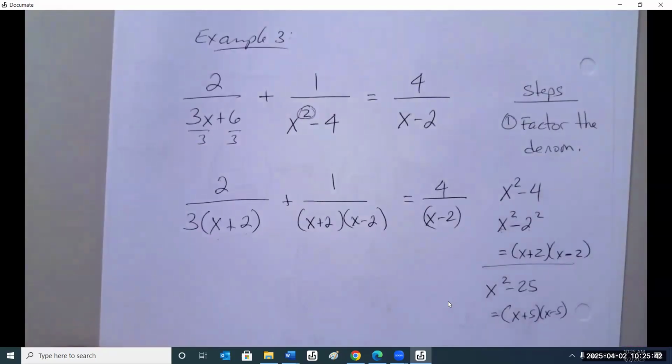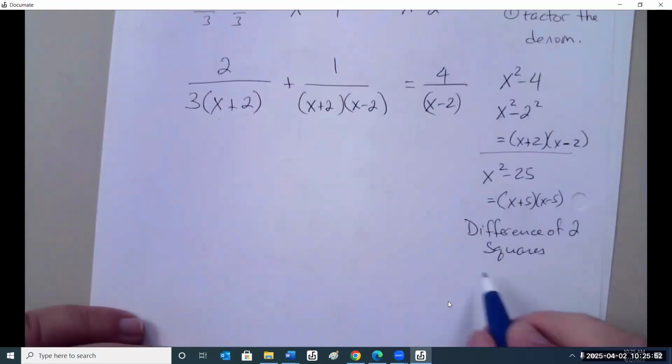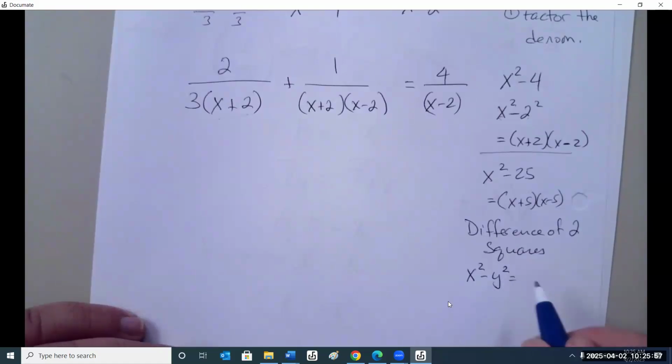I'm sorry, it's called the difference of two squares. It's x squared minus y squared equals x plus y, x minus y.